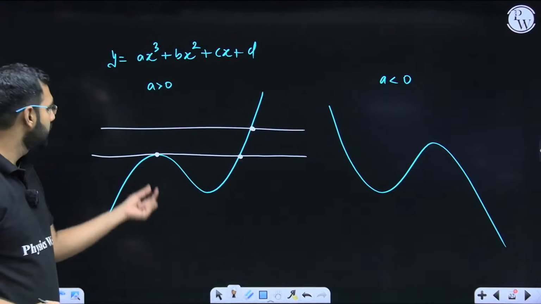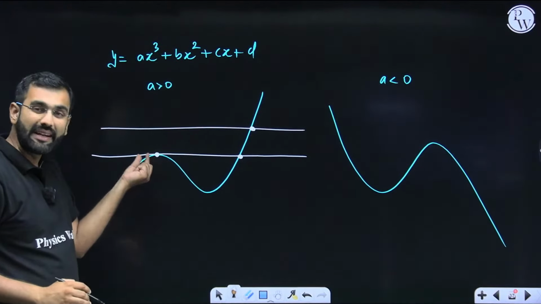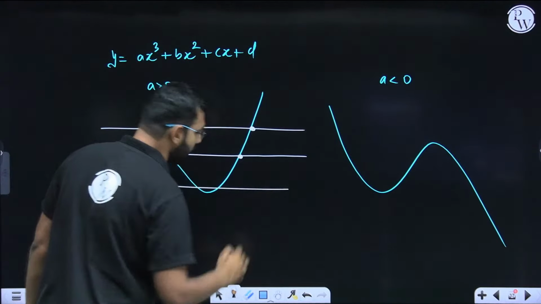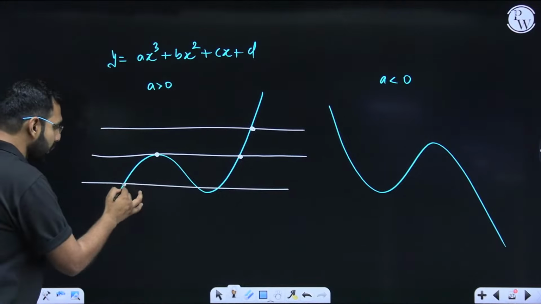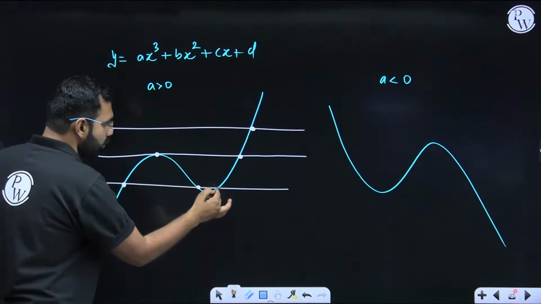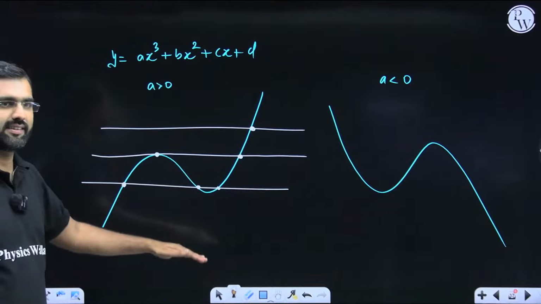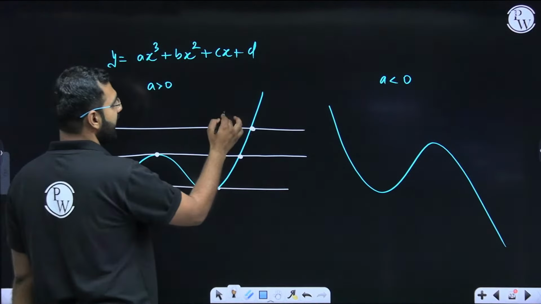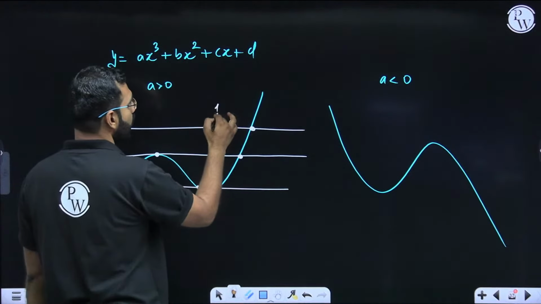So touching the curve means 2 repeated roots, and another one real root. So two distinct roots are there. Technically, three real roots are there, where two are the repeated roots. Or if the x-axis is passing from here, it has three distinct roots. So depending on the x-axis, you can work out or talk about the roots. I repeat, in this case, it has one real and two imaginary or complex roots.